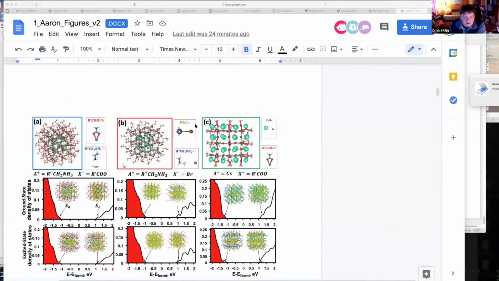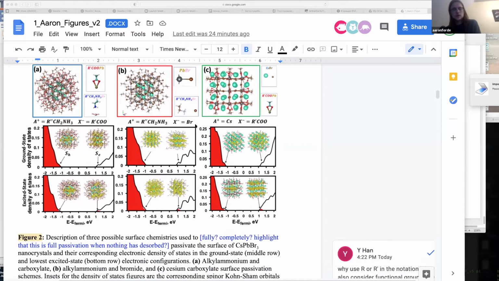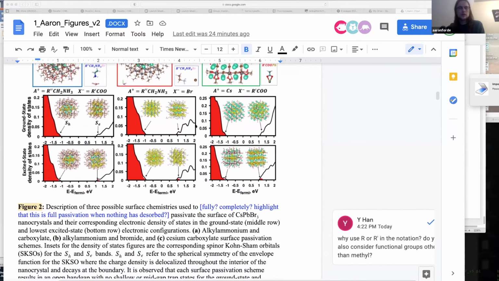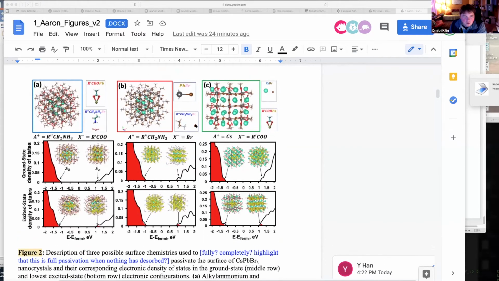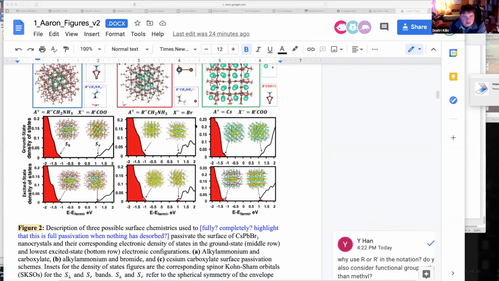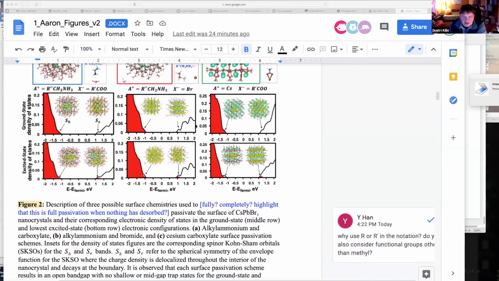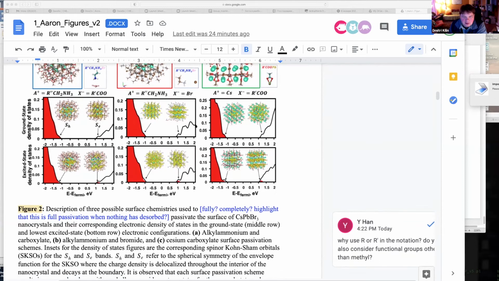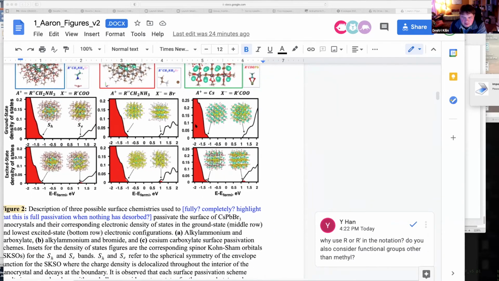Further. So Yulun has a question why one is using radical notation in these labels. Radical notation? This letter R, like ligand is equal to R prime COO.